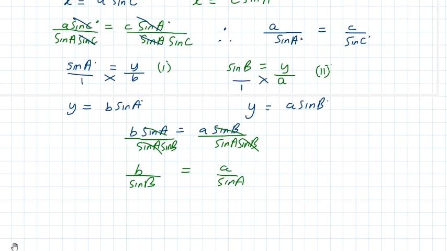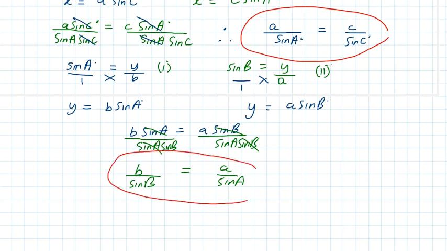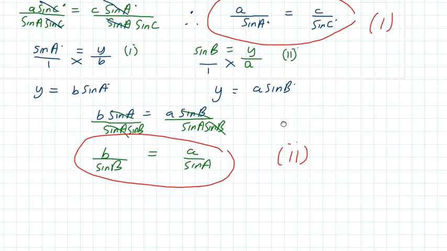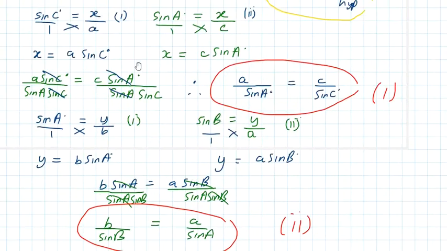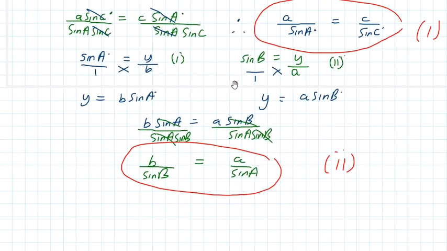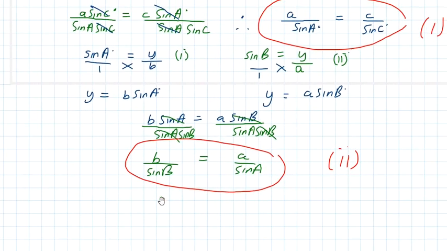So what did we get? First we obtained this result, and now we obtained this result. Let me call this equation 1 and this equation 2. Since these are two equations, as we did with the other equations, we have to define the common link between them and then link them together.